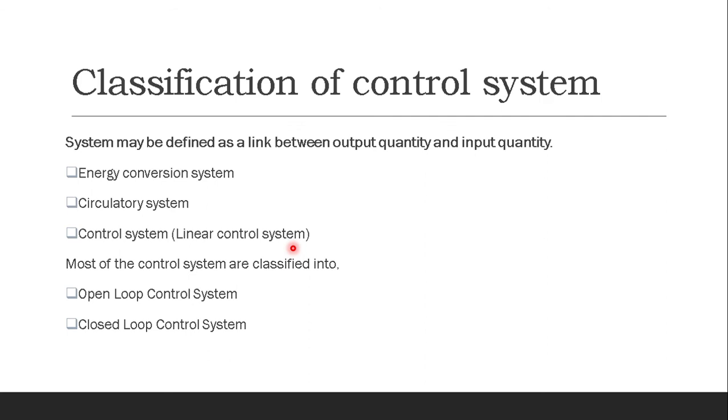Okay, now the major part of this chapter we are going to deal with control systems that are classified into open loop control system and closed loop control system. Okay, now consider one example and try to understand what is an open loop control system and a closed loop control system. Consider another example of temperature control.